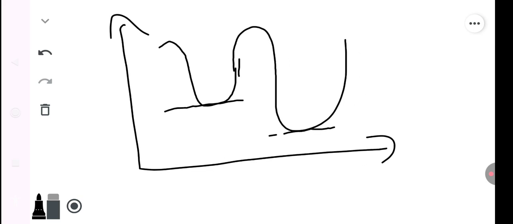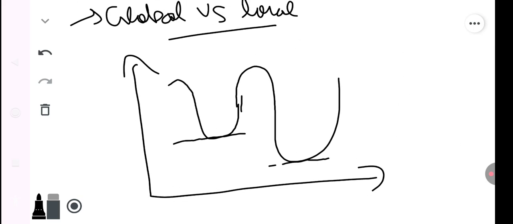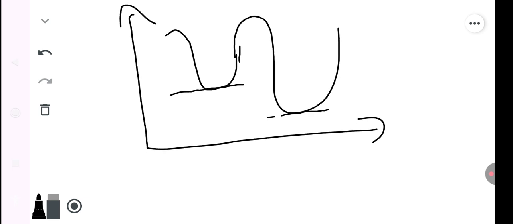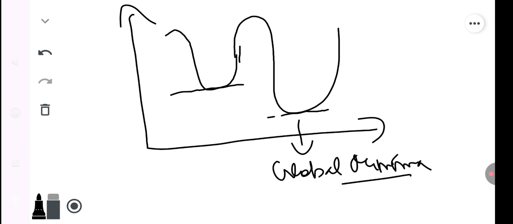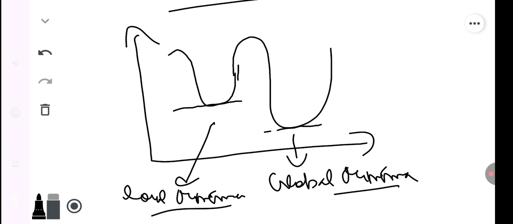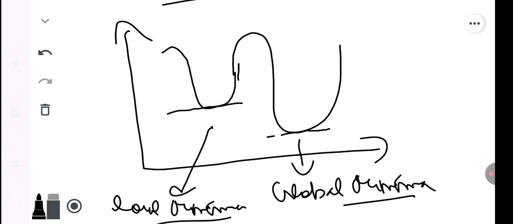What will happen is that this point is global minima, and this point is our local minima. If a machine thinks that this point is global minima, then its answer will be wrong.